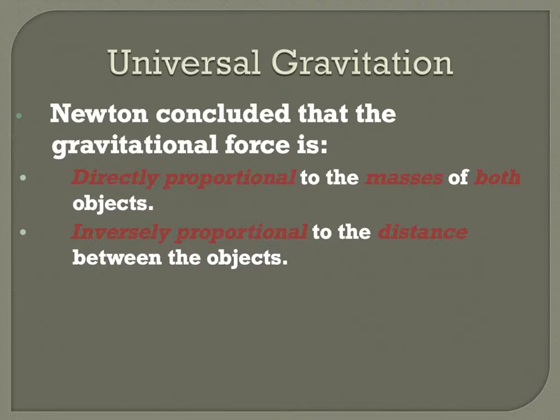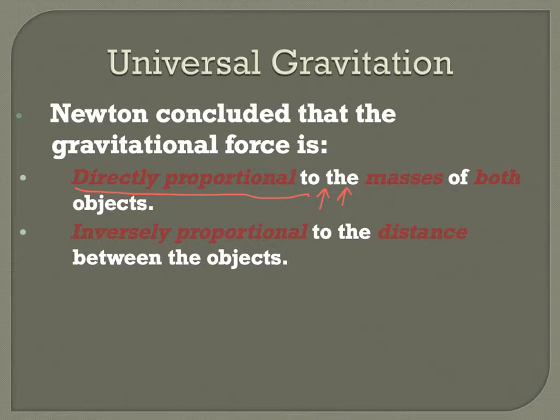Let's talk about this really quick and break it down. This sounds really confusing, but hopefully it'll make sense once I explain it. Newton concluded that the gravitational force is directly proportional to the masses of both objects you're looking at. Remember, gravity is always between two objects, and inversely proportional to the distance between the two objects. All this fancy jargon means, and you do need to know this, is that when something is directly proportional to something else, as one goes up, the other one goes up.